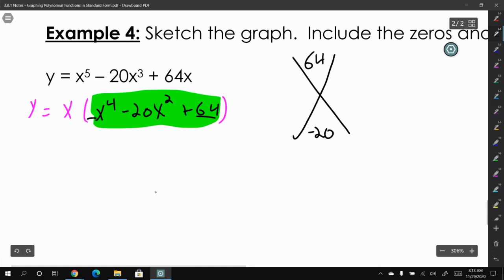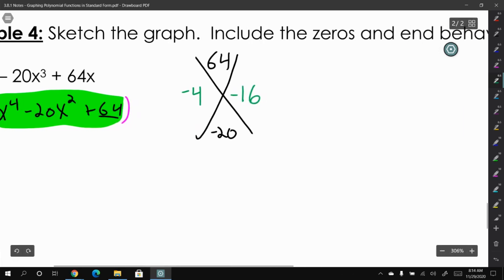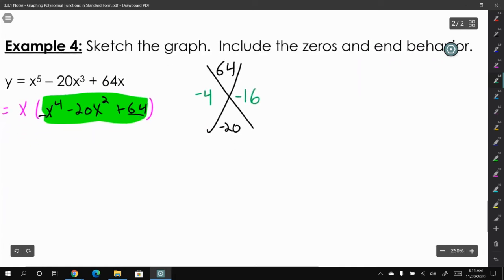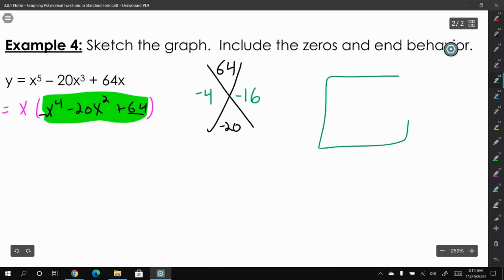So I need two numbers that multiply to 64 but add up to negative 20. That's going to be negative 4 and negative 16. So then we'll do the box. And we'll have x to the fourth and 64.